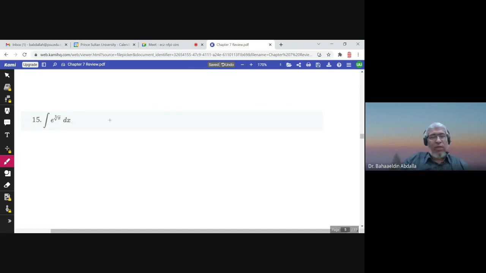Now here I haven't much things to deal with, so I will call the cube root of x u. This is in section 7.4, rationalization substitution. If I raise to the power 3, so u to the power 3 would be x, and then 3u squared du is equal to dx.